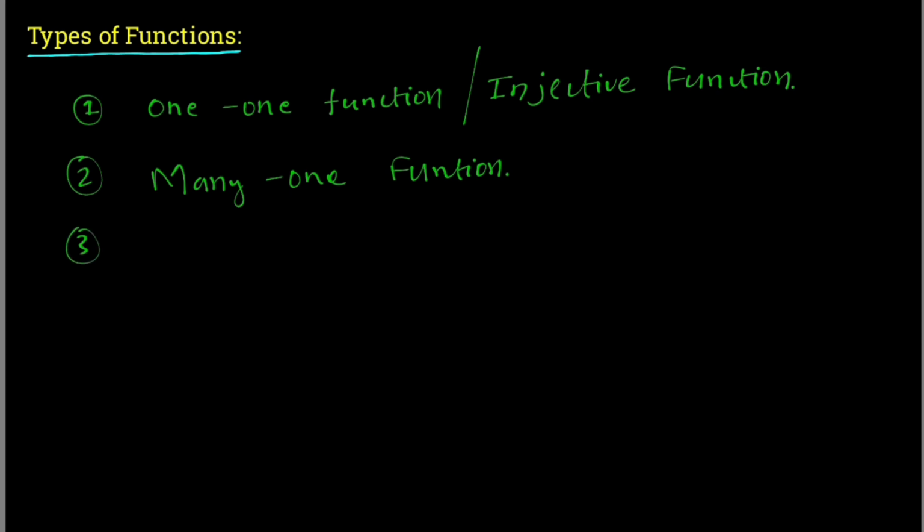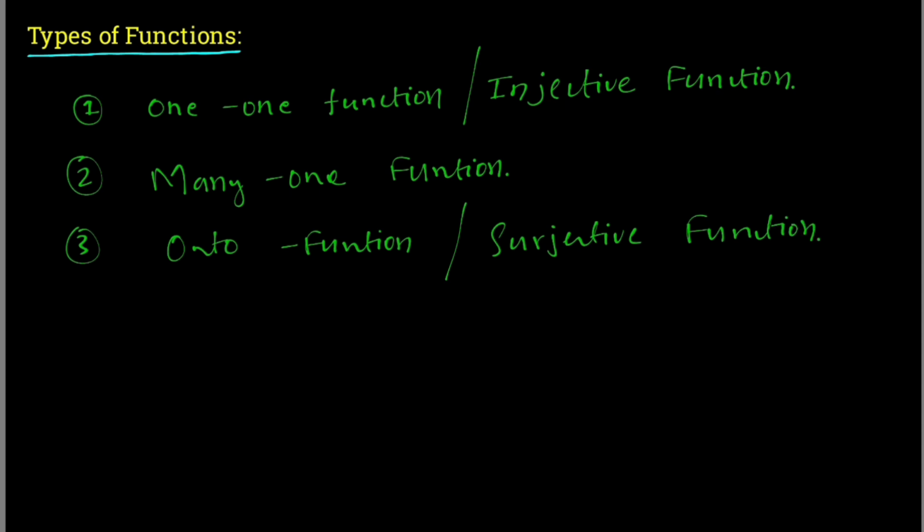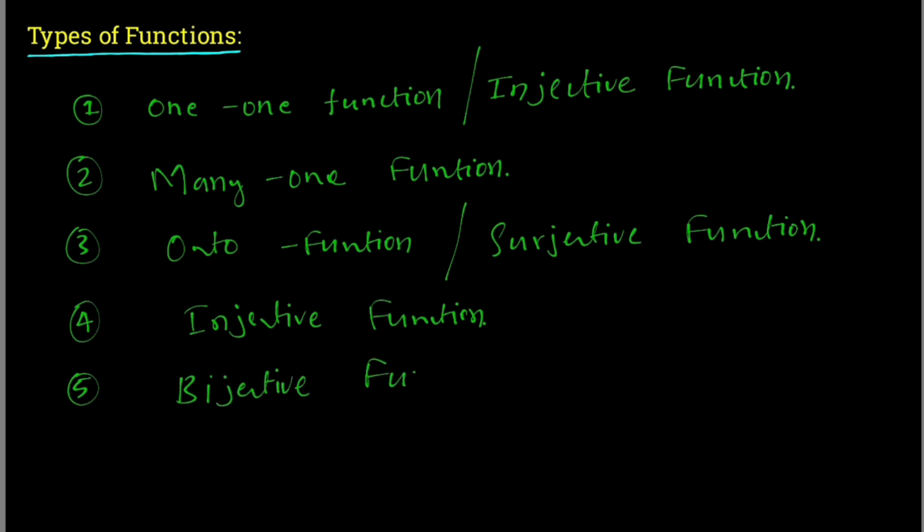The third is the onto function, or the same onto function is also named the surjective function. And the fourth one is going to be the injective function. We will learn all these functions in detail. And the fifth one, let's say the bijective function.